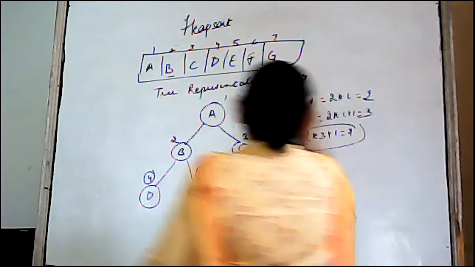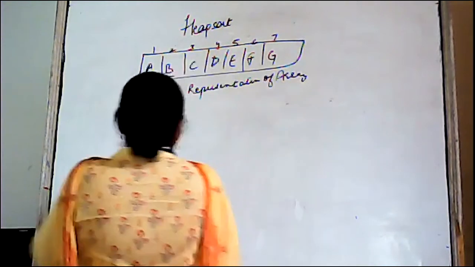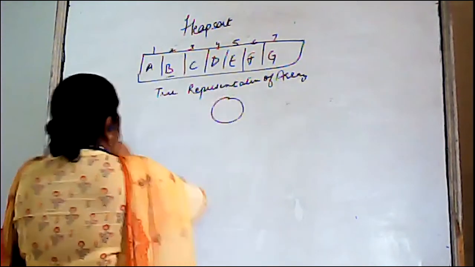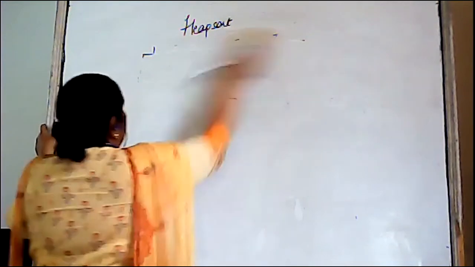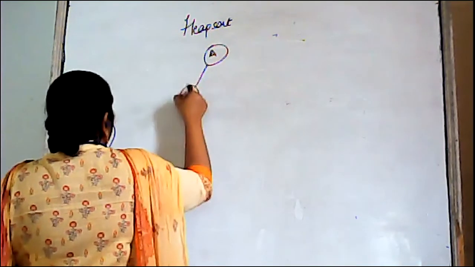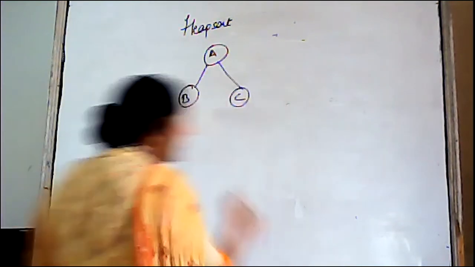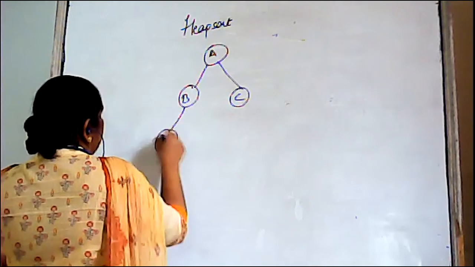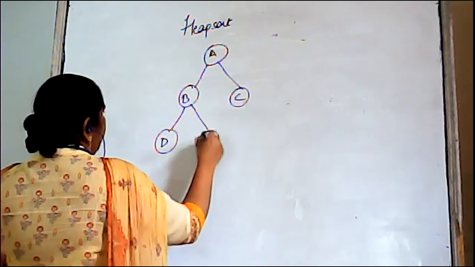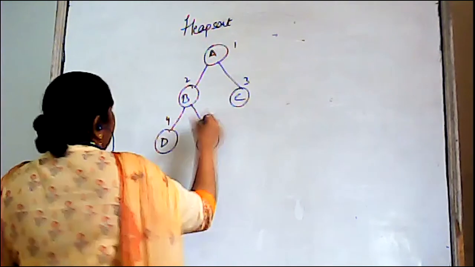Vice versa, if we have to do that. Suppose the tree is given to us like this: A, B, C, then you have D, then you have E. Okay, 1, 2, 3, 4, and 5.